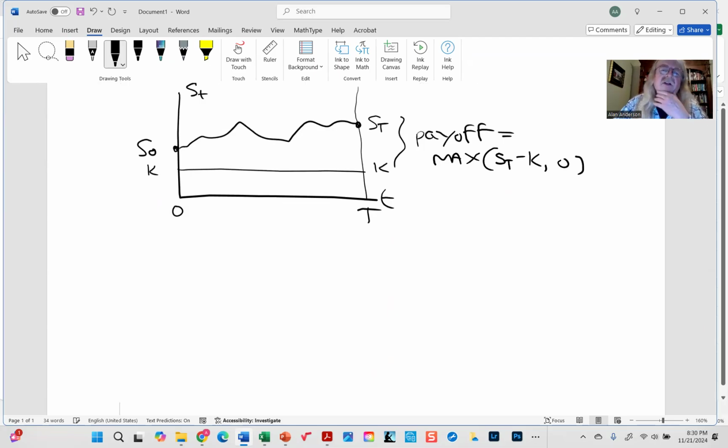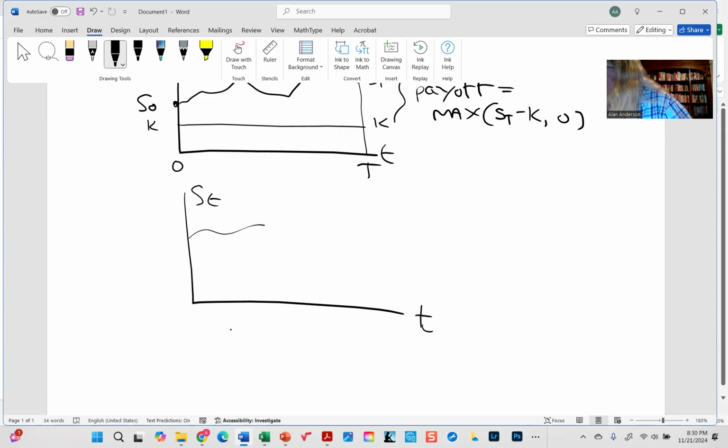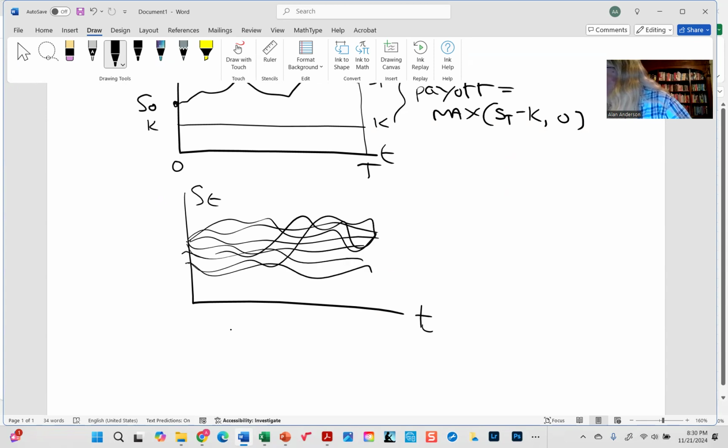I remember I drew a little graph here where after a while it starts to look very cluttered. So in other words, what you're doing here is creating a probability distribution for ST.